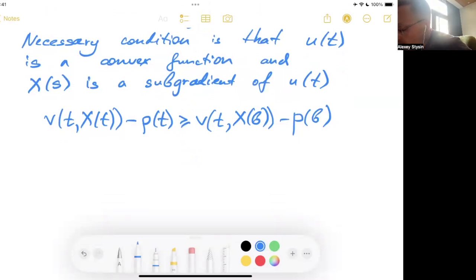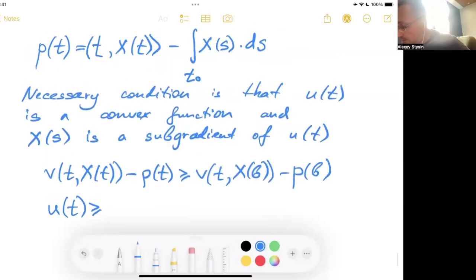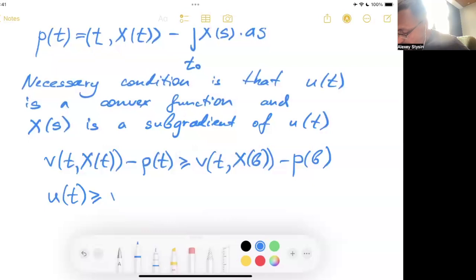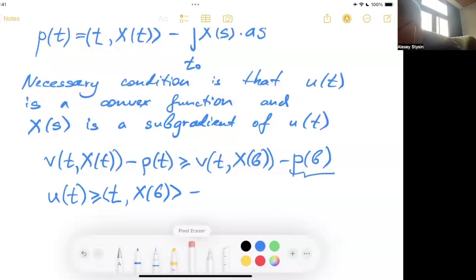Put the linear case here. This is the u of t on this side, greater or equals than, in here we are going to plug v of t as linear. So it's going to be t scalar product with x of b minus p of b, and we can expand the p of b as v of b x of b minus u of b.